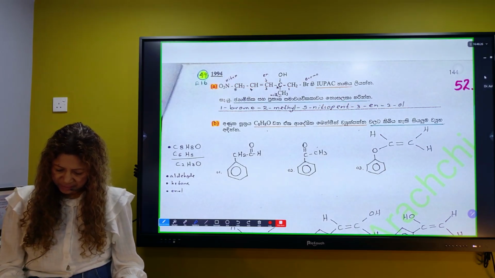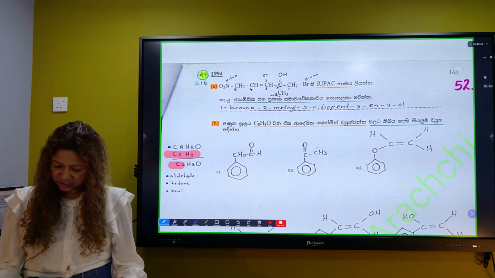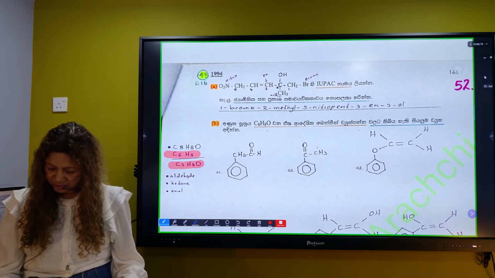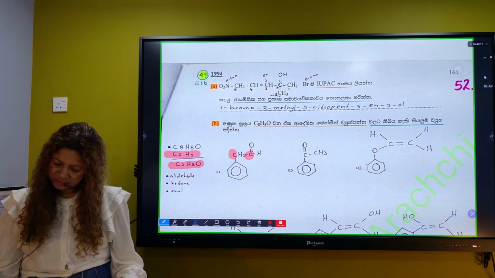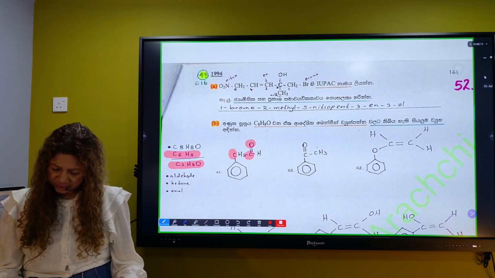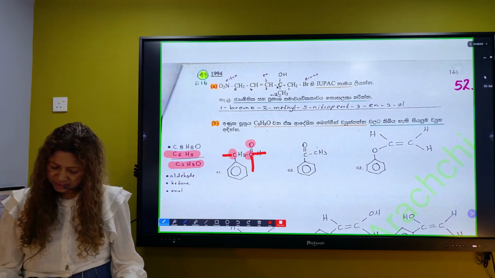Once you remove this benzene ring, C2H3O. Then I'm just going to draw 2 carbon and then oxygen. Then if you put all other hydrogen, 2 hydrogen here, 1 hydrogen here, so it's unsaturated.